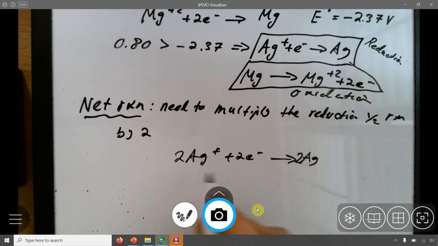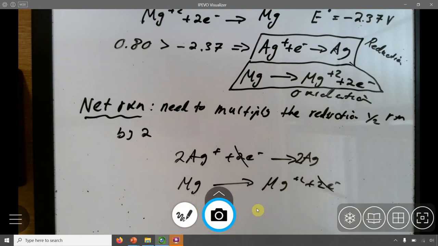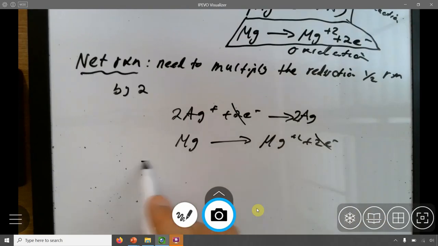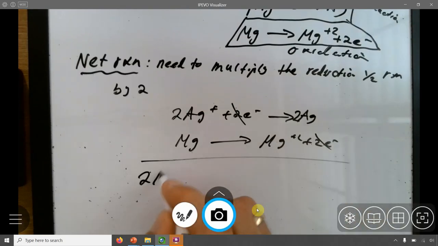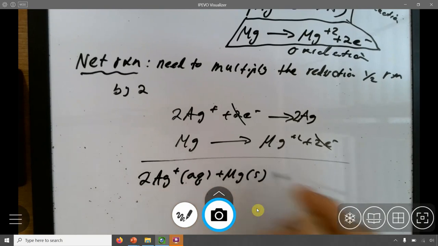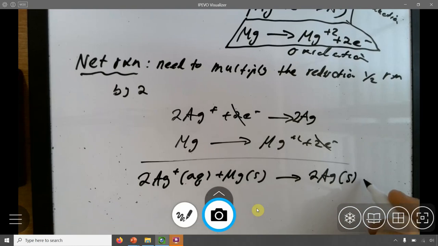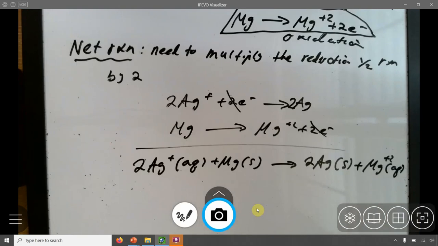This is very similar to Hess's law, you know? Mg going into Mg plus 2 electrons. Now the electrons would cancel, and I can add them up, and I get 2Ag plus aqueous, reintroducing the fact that these are aqueous, plus Mg solid, going into 2Ag solid plus Mg plus 2 aqueous.